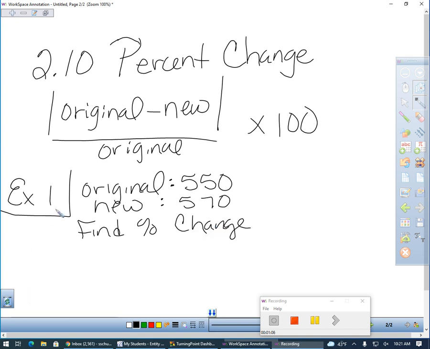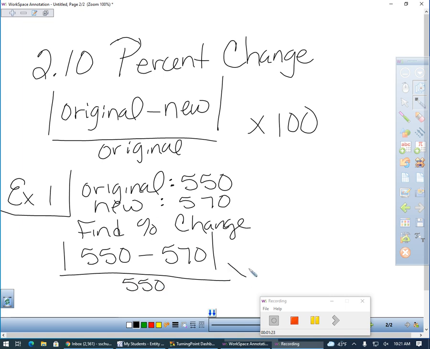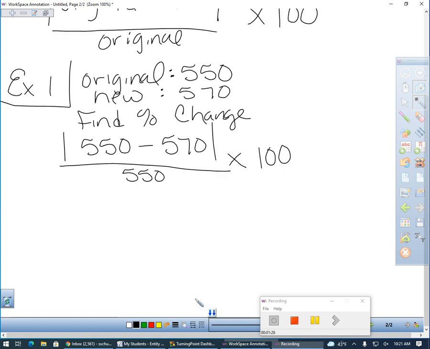All right, so we're going to start with absolute value, original, which is 550, minus the new, which is 570, divided by the original, 550, and we're going to times it by 100. All right, so the top line, 550 minus 570 is negative 20, but it's an absolute value, so it's positive 20. We're going to take 20, divide by 550.